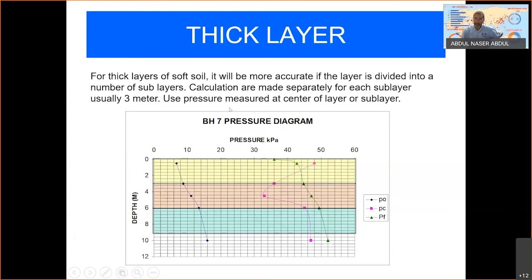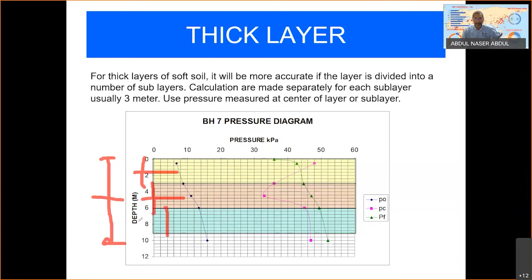And then we use a pressure measured at the center. Whatever data we refer to is at the center of the soil. For example, first let us talk about the whole layer. Let's say this is the whole layer, so the information you will take is in the middle. If you take this layer only, this is the information, and this one, we take the information at the center.